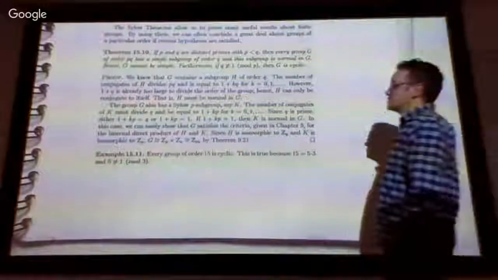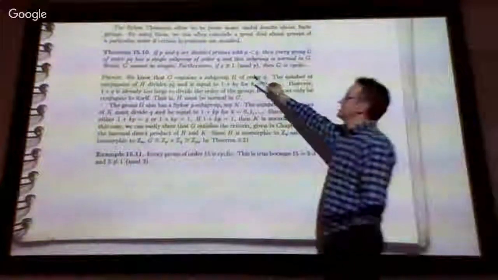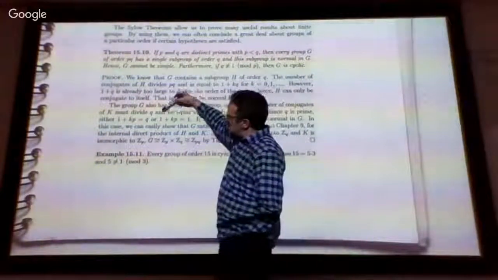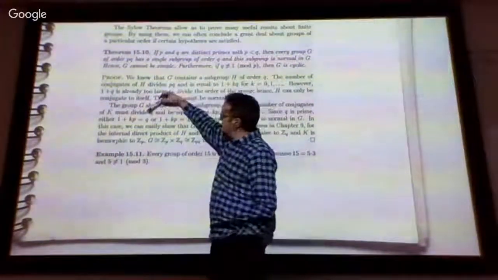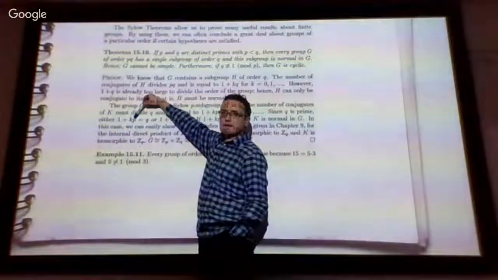If n is equal to 1, see, the extra condition, the statement of the theorem, was that q is not congruent to 1 mod p. This case here is where q would be congruent to 1 mod p. Okay?